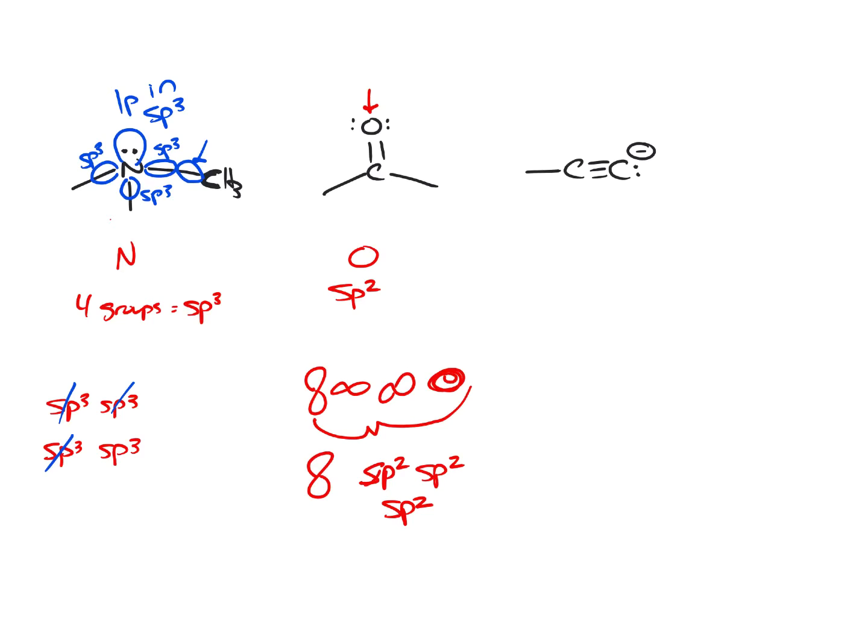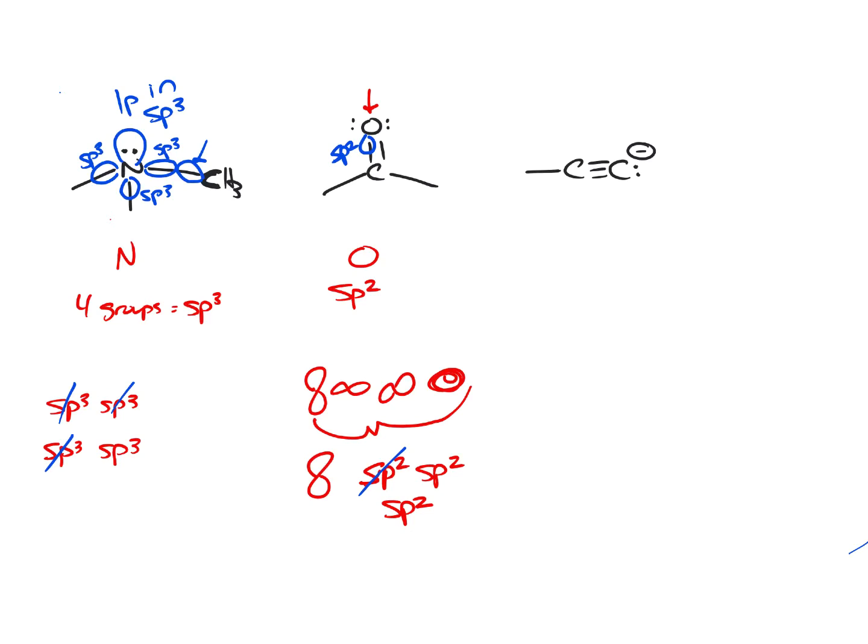Okay, so with the oxygen, the single bond, or the first bond between the oxygen and carbon uses an sp2 orbital. Okay, sigma bonds like hybridized orbitals. So there we've used one.